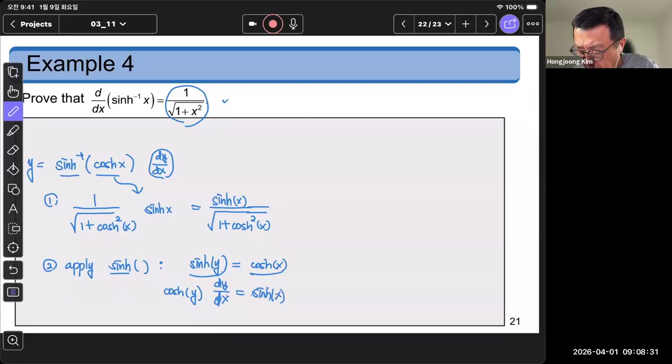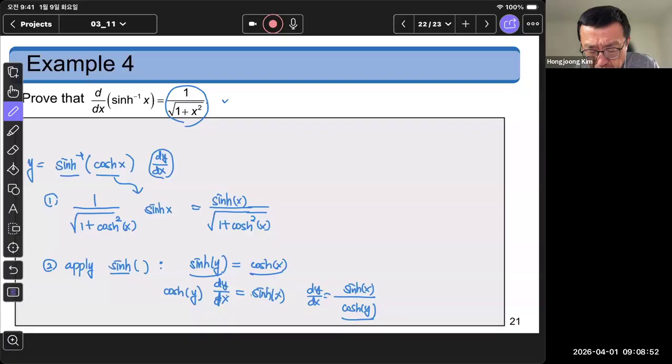So dy/dx will be hyperbolic sine of x over hyperbolic cosine of y. But the problem is we do not know this hyperbolic cosine of y.